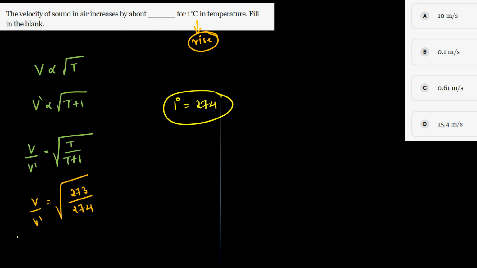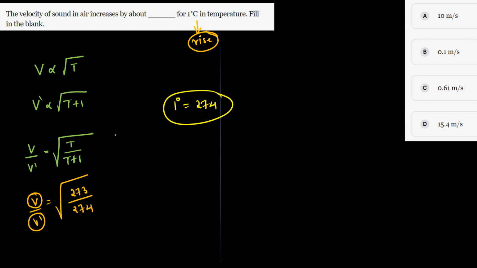Okay, here I think one of the constants is missing. You can find out the difference as well. You just have to find out the difference. So here I will be writing it this way. This was the first velocity. This is V dash, the second velocity, after the rise in temperature.